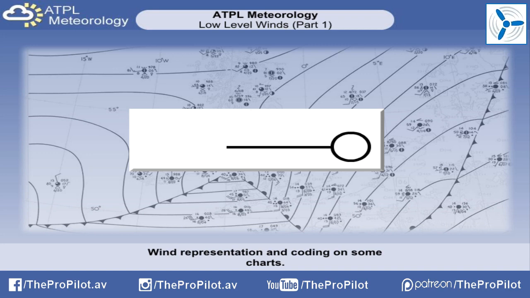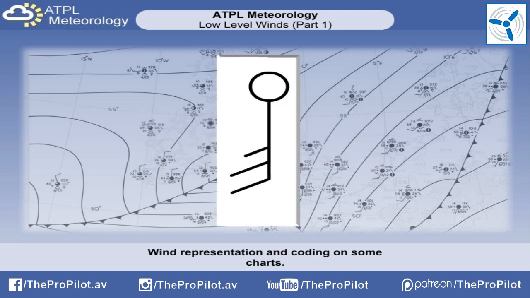The wind speed coding is attached to the line emanating from the circle. A thin straight line or feather represents 10 knots. A short line or feather represents 5 knots. The triangle shows a speed of 50 knots. In this example, we read the speed as 65 knots.